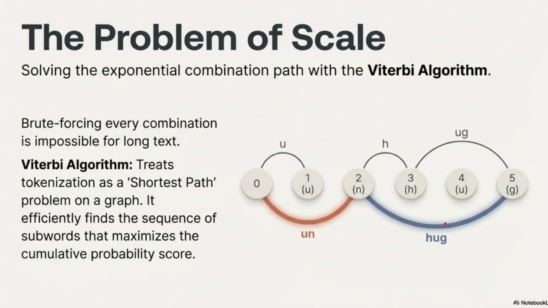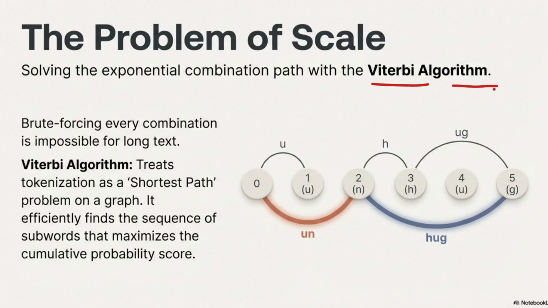In the bug example, it was easy to check every possibility, but for long words, checking every possible combination of splits is computationally impossible. To solve this, we use the Viterbi algorithm.